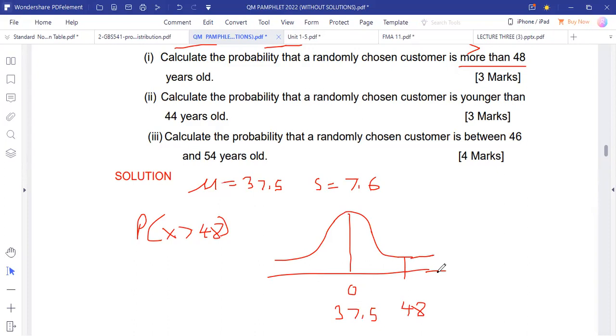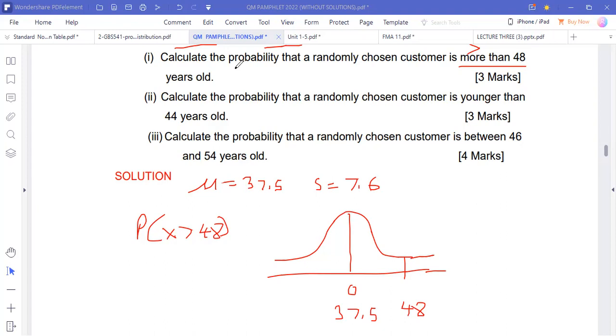So try to calculate the value. Calculate. So z is equal to x minus mu over standard deviation.